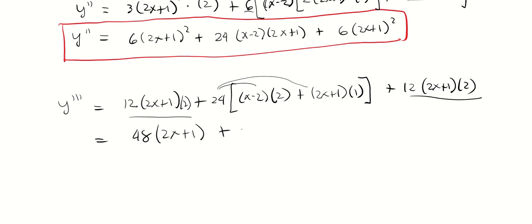So 2 times 24 is also 48. 48 times (x minus 2). Then 24 times (2x + 1). And this will be our y triple prime.